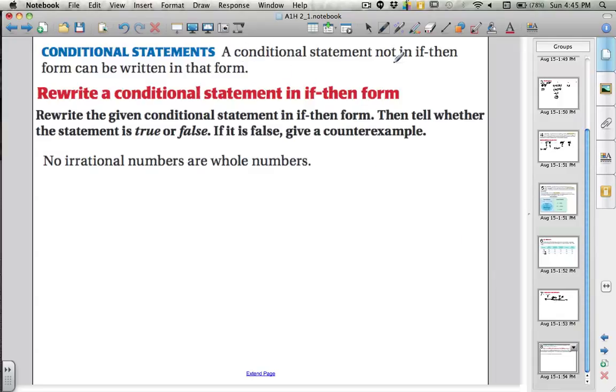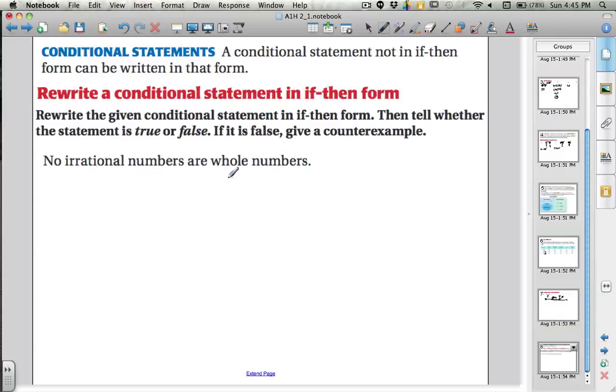A conditional statement that is not in if-then form can be rewritten to be in that form. So that if-then form means basically if this is a condition, then something else is true. So if we take a look at this, we want to rewrite this statement: no irrational numbers are whole numbers.